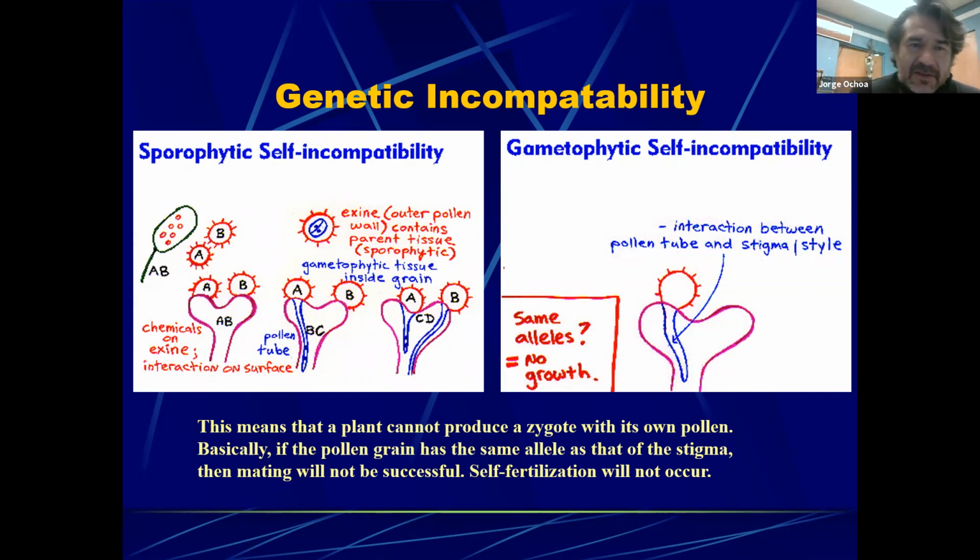And so here's now example B, where the flower is BC. So it's able to accept pollen A because it knows that pollen A comes from a different individual. And so pollen A is going to have the enzymes and is going to be allowed to germinate and fertilize the eggs. And vice versa, when there's a CD, then it's going to accept both A and B. So these are just examples.